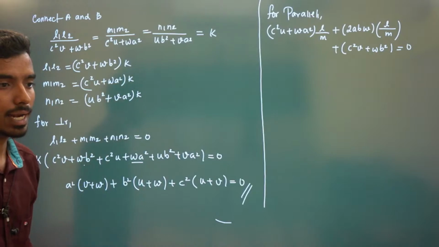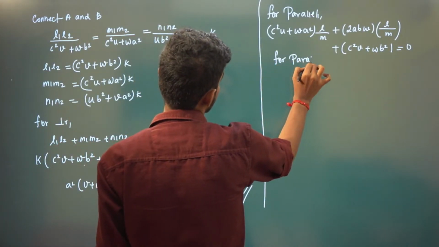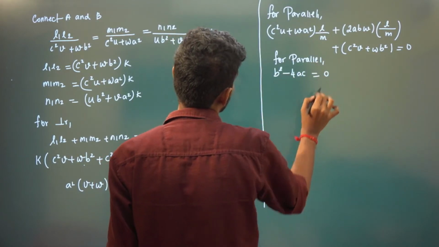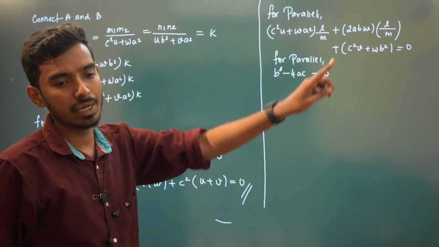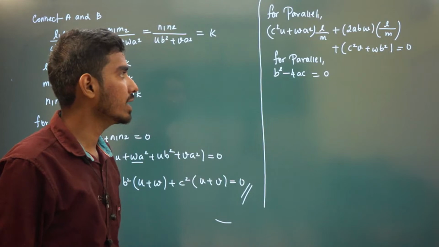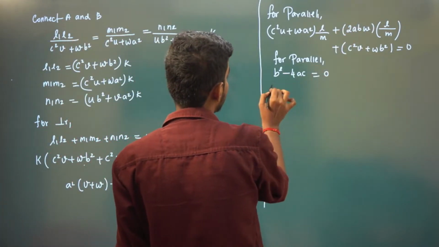Now again for parallel, same condition, right? So for parallel, b square minus 4ac has to be 0. Same condition: l1 by m1 and l2 by m2 are the roots. Therefore, l1 by m1 is equal to l2 by m2. So what is b? This is our b.